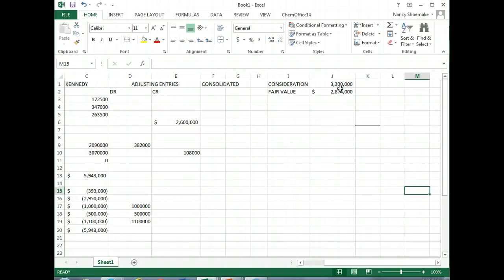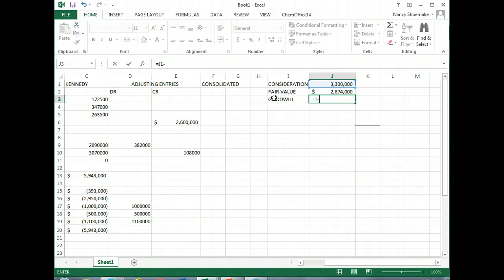That difference is going to be goodwill of $426,000.